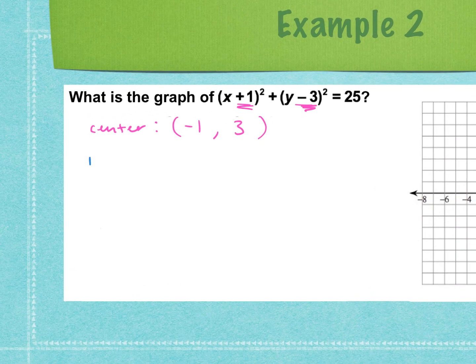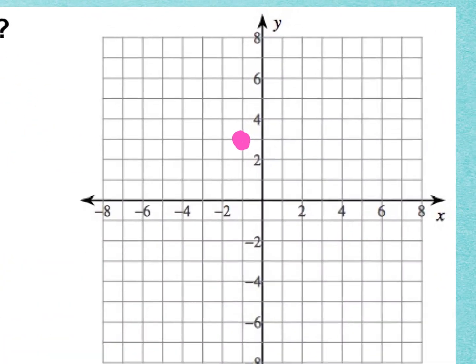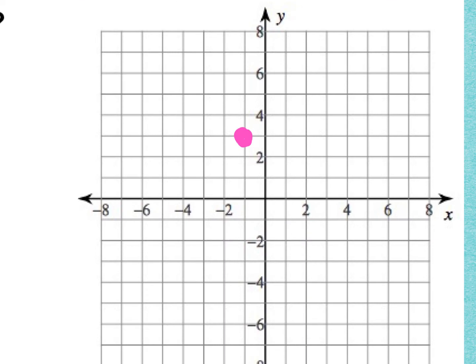Next, we need to find the radius. So if r squared is equal to 25, what is just our radius? Just r. Perfect. We take the square root of both sides, so r is equal to 5. So our radius is 5. That means from the center, we go 5 in every direction, and that'll make our circle.